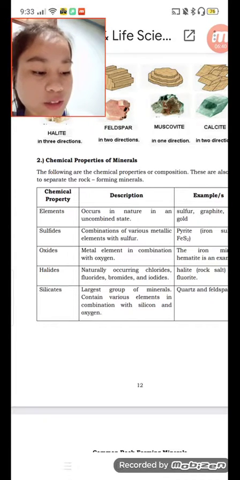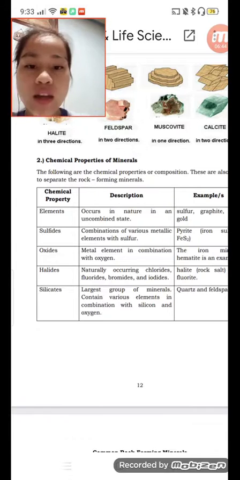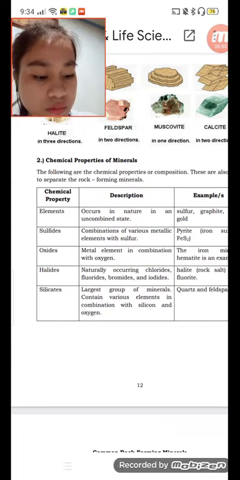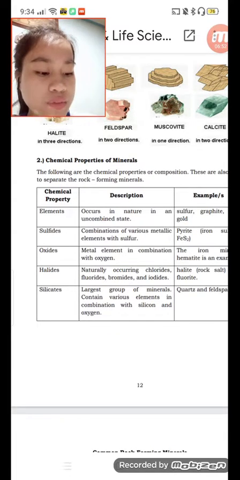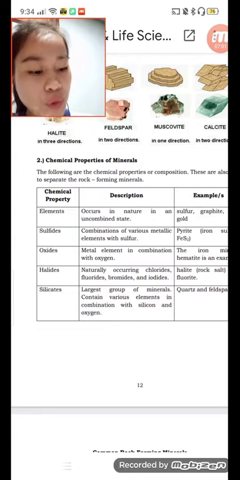I learned the chemical properties of minerals, which are examples like composition.